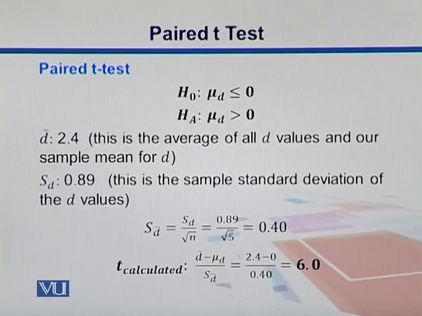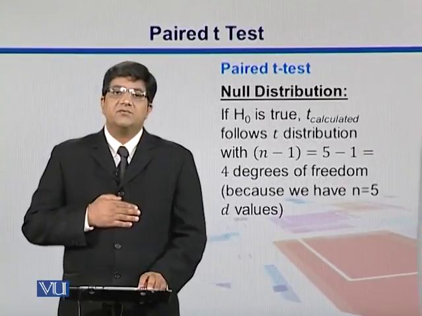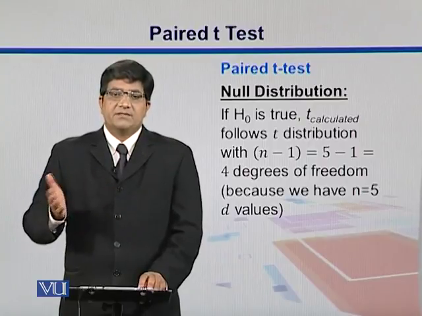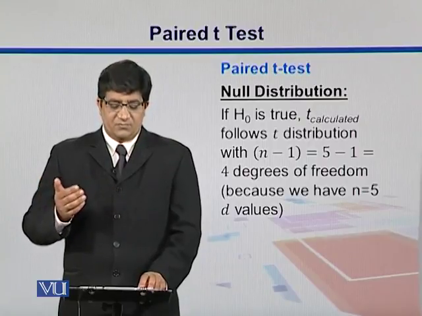When we come up with the standard deviation, it was 0.89, and we can calculate the standard error, S_D bar, which is 0.40. We plug into that equation and come up with T calculated equal to 6. Since we have 5 differences, our degrees of freedom is equal to 4. So the null curve has degrees of freedom equal to 4.